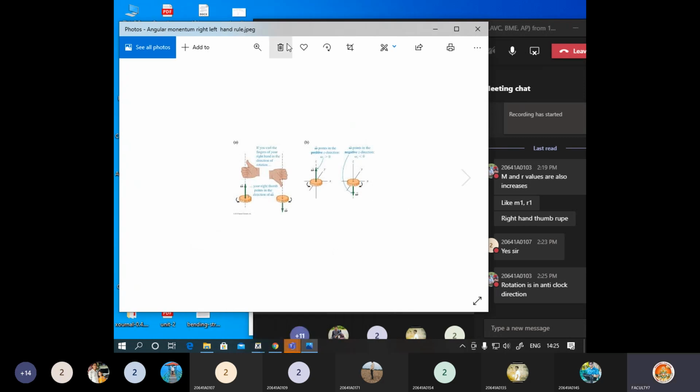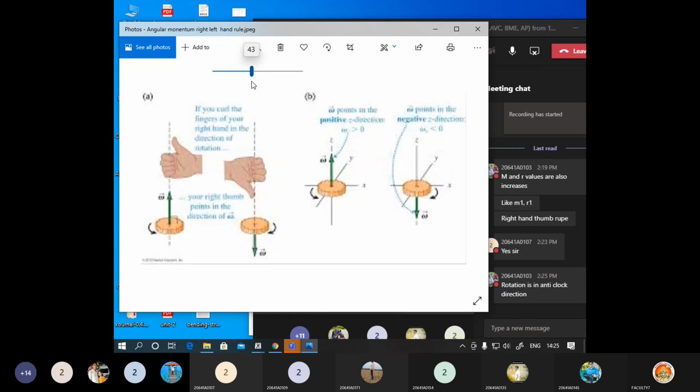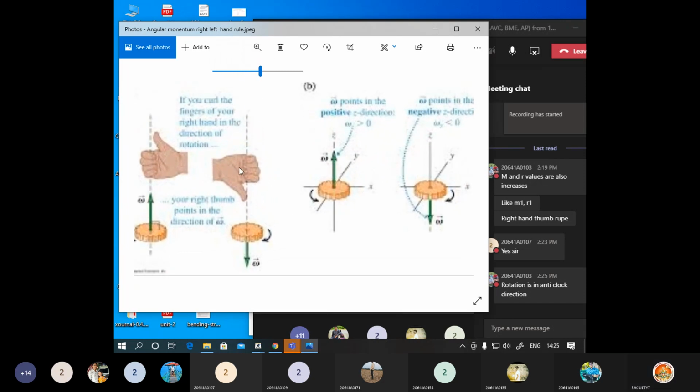Okay, now we are getting that image here. Are you able to see the image?